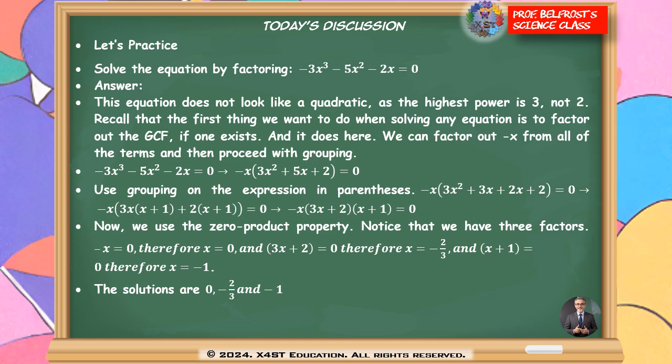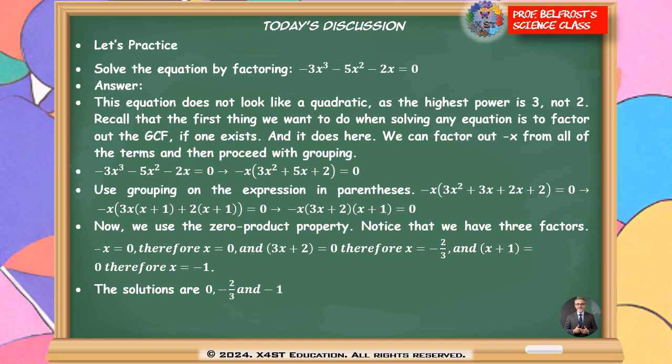Now next example, solve the equation by factoring: minus 3x cubed minus 5x squared minus 2x equals 0. First thing, we can factor out the x term to get a quadratic equation, so we can solve it by using the grouping method.